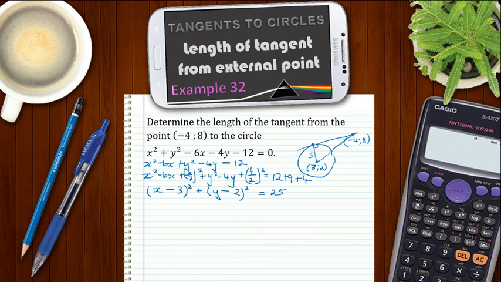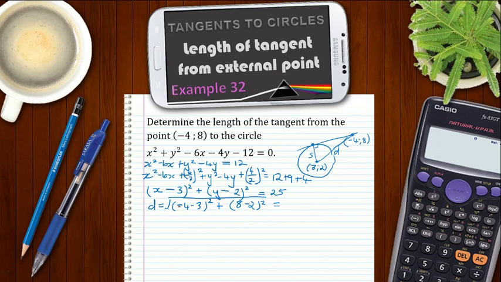So the first thing we're going to do is to find our distance between the 2 points. So this is then going to be the distance, and I hope you know the distance formula. So we have minus 4 minus 3 squared plus 8 minus 2 squared, and then take the square root of that.